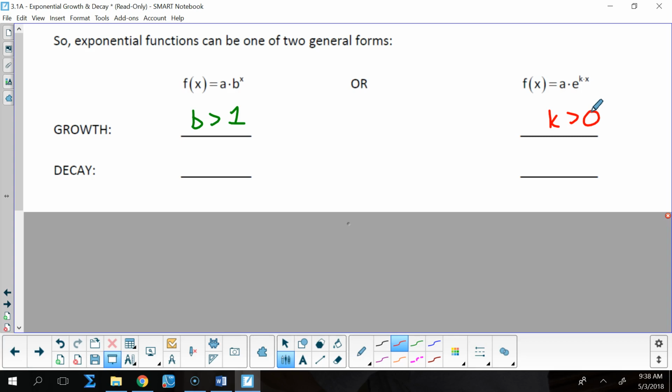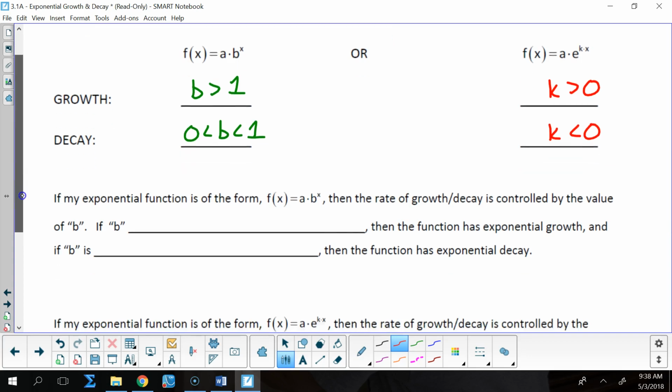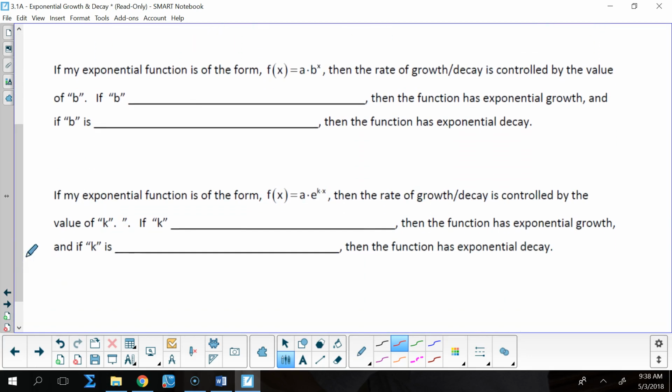We're in a decay situation if 0 is less than b is less than 1, or if k is less than 0. Okay? I'll give you a couple of seconds to fill that in terms of words. It's good to write things down here. So finish my sentences for me.